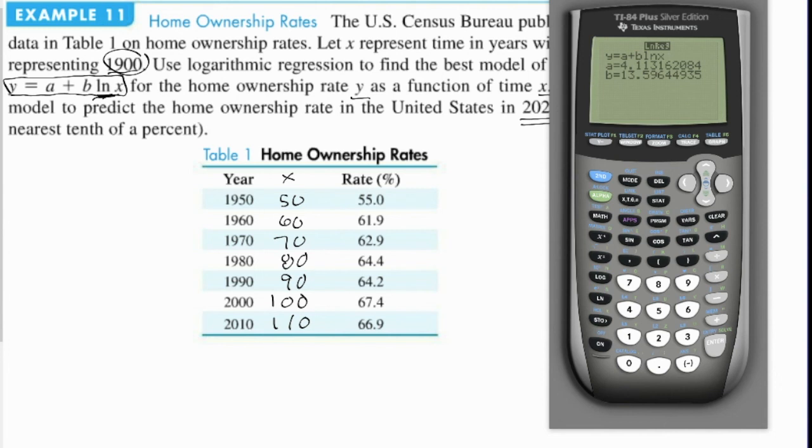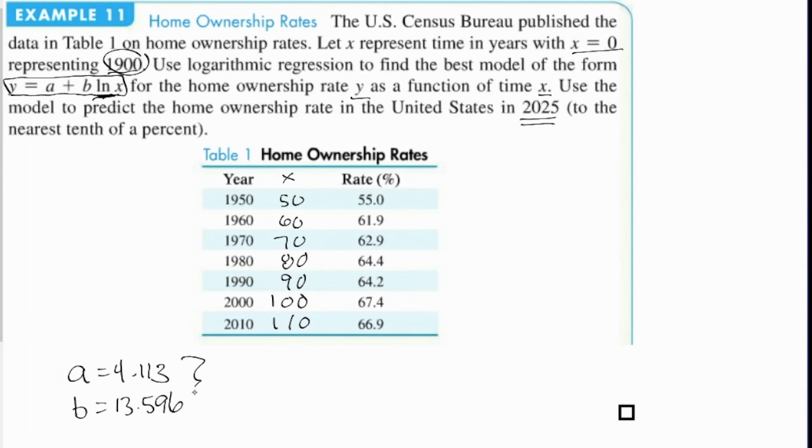And here are my values. 4.113 is my A and 13.596 is my B. So we can use this now to write y equals 4.113 plus 13.596 times ln of x.